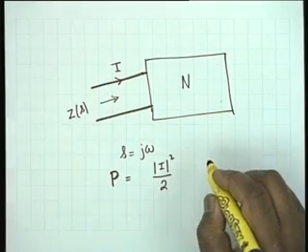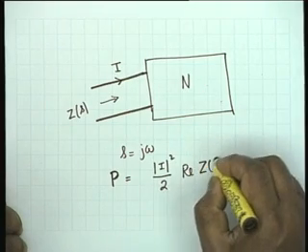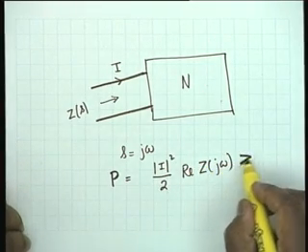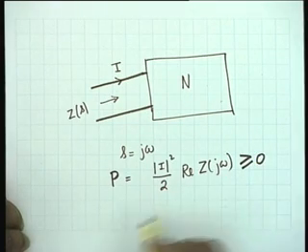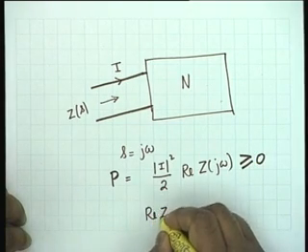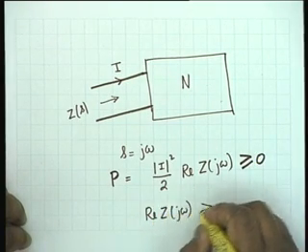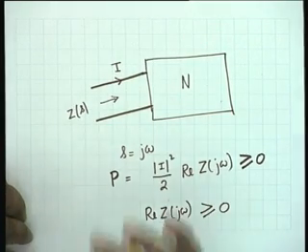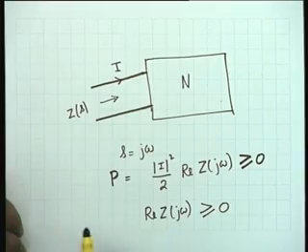It is the resistive part which absorbs power, the reactive part is reactive power. So, this will be the real part of Z of j omega, and since the network is passive, this should be greater than or equal to 0, which means that the real part of Z of j omega is greater than or equal to 0. Agreed? This is the first part of the proof.